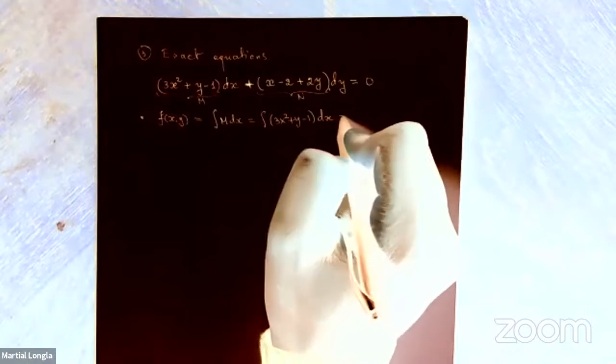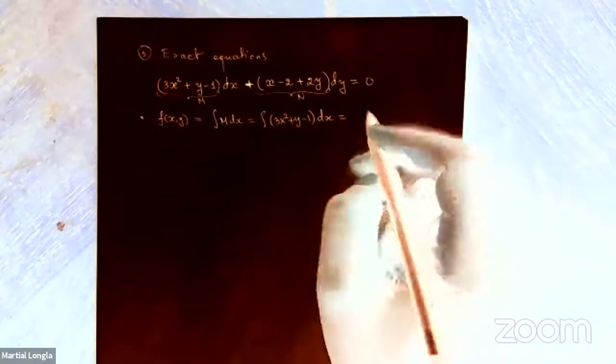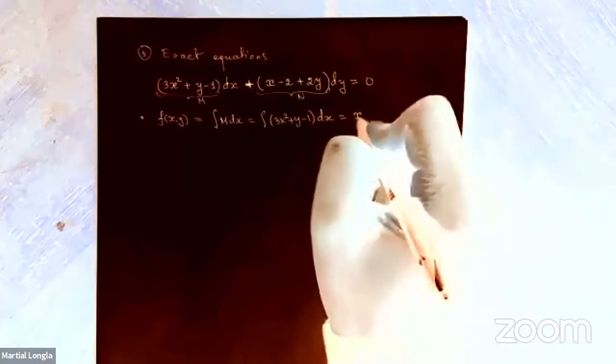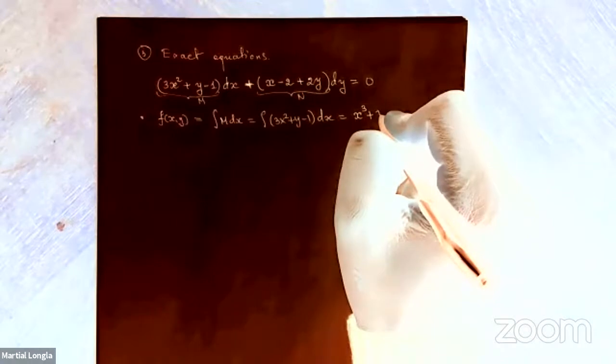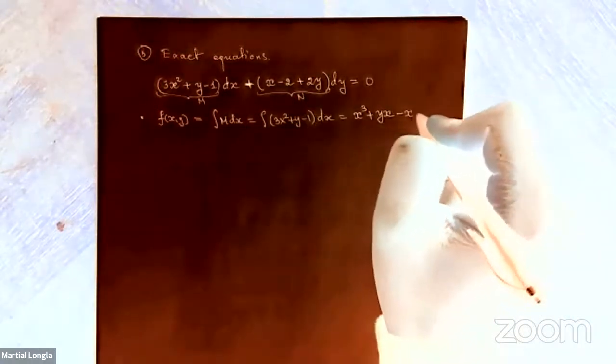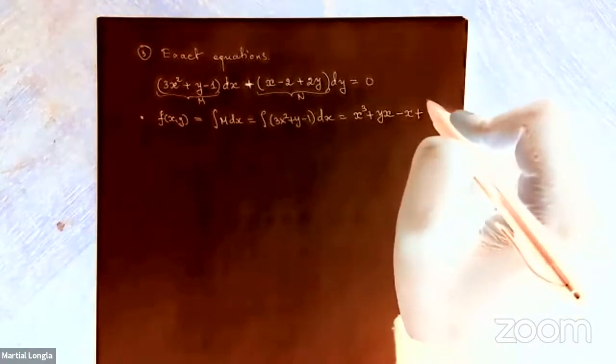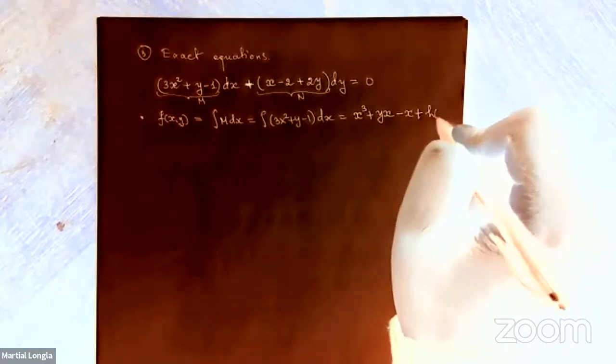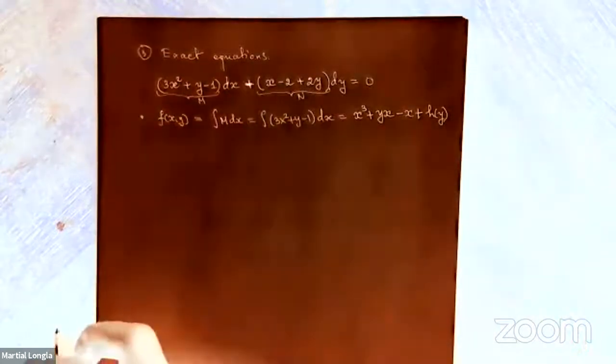So f is the integral of m dx, which is the integral of 3x squared plus y minus 1 dx. You integrate that: 3x squared gives x cubed, y gives y times x, minus 1 gives minus x, and then you always have a constant of integration that depends on the other variable, h of y.